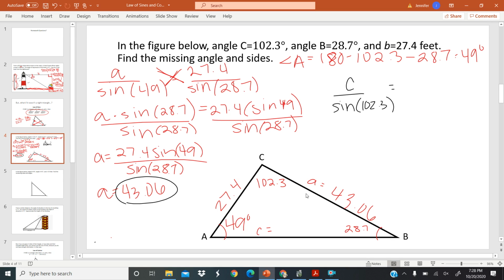So I'm going to stick to side little b and angle B because we were given that originally. We know that those are the exact measurements of that side and angle. So first I need side little b, which is 27.4, divided by the sine of angle B again, which is 28.7.